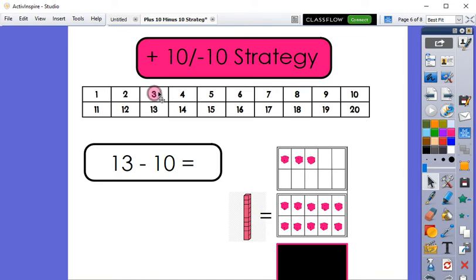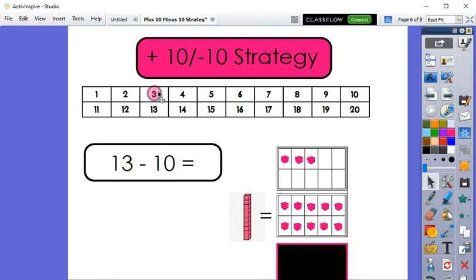Notice how I'm traveling on the 20s chart. How is that different from when I added 10? That's right, I'm going up the column, one row, when I'm subtracting, because my number is decreasing by 10, so I'm going up toward where the lower numbers would be. When I added, I went down the column one row.